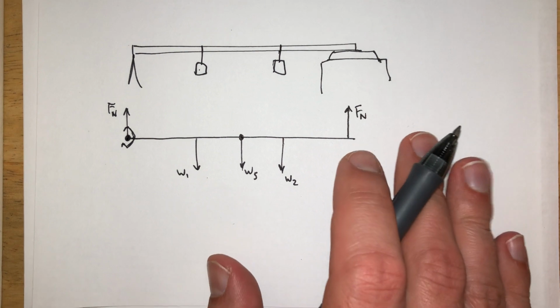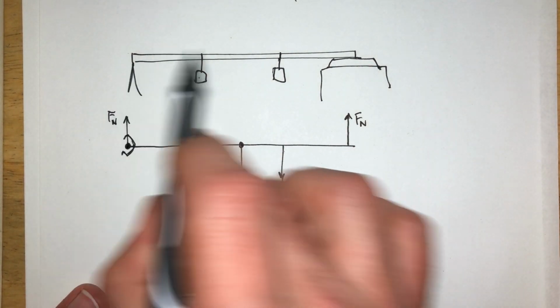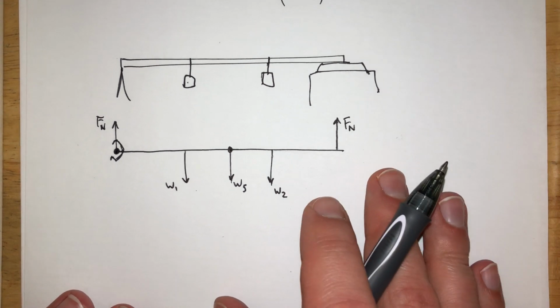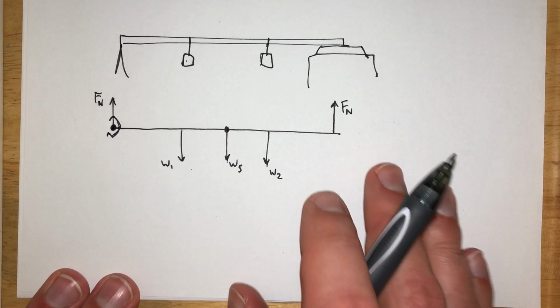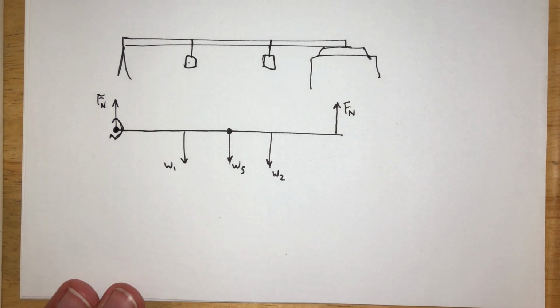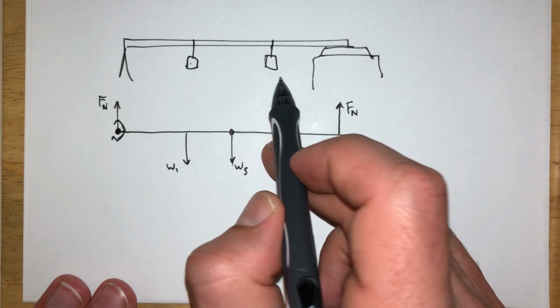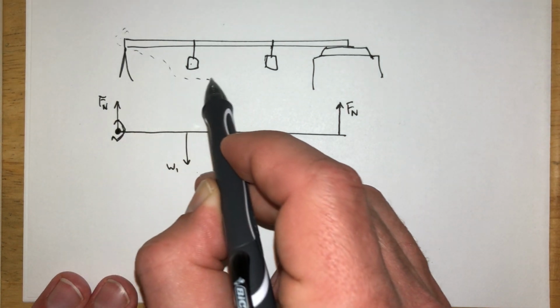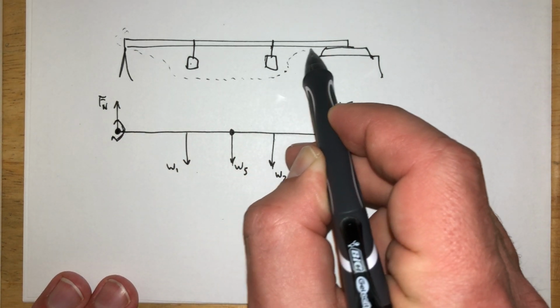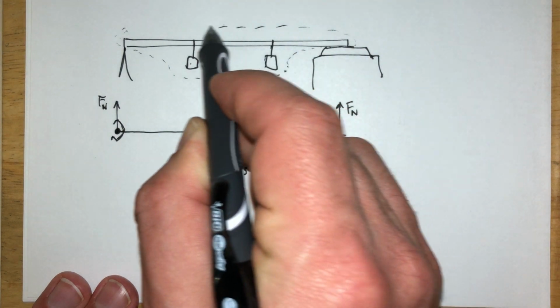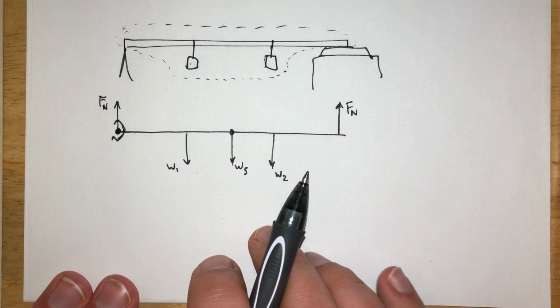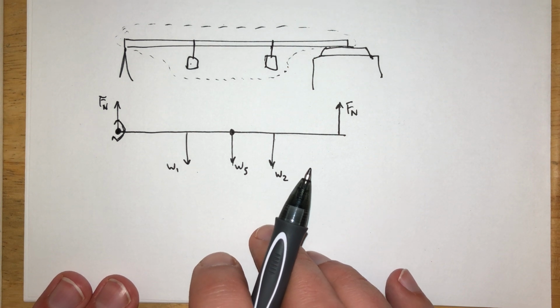Earlier in the lab, it's going to ask you to use this configuration to find the center of mass of the system. Okay, and for that calculation, I recommend a slightly different diagram. Imagine that the meter stick and the masses are all one object, and we're trying to find the center of mass of that object.